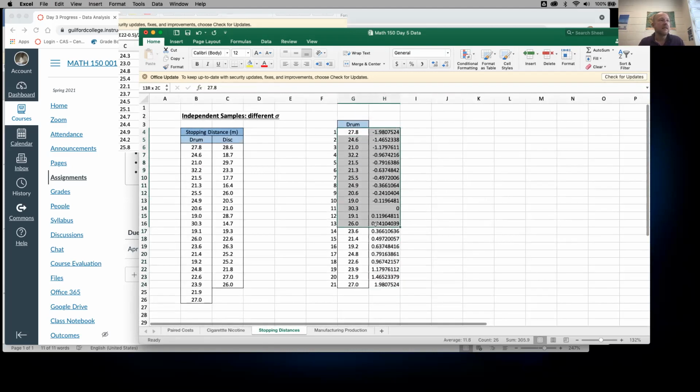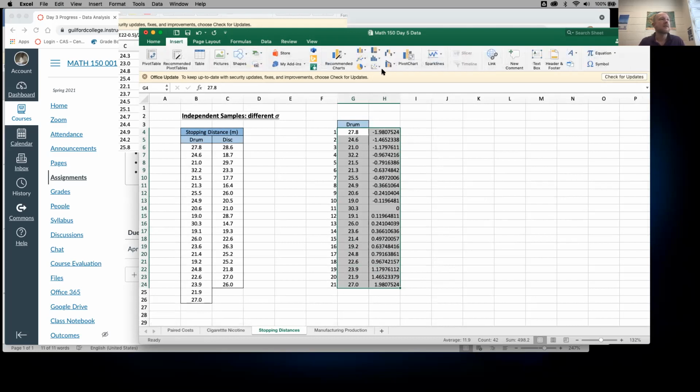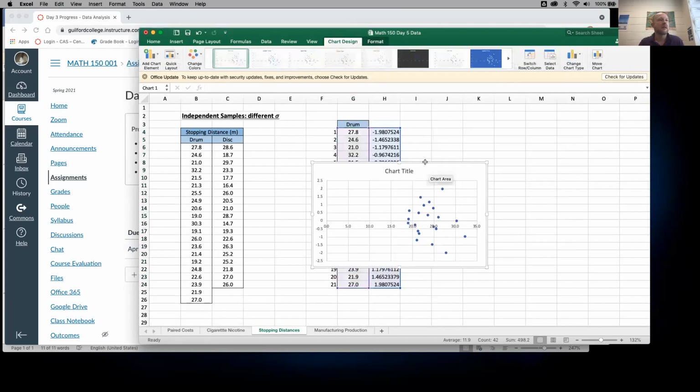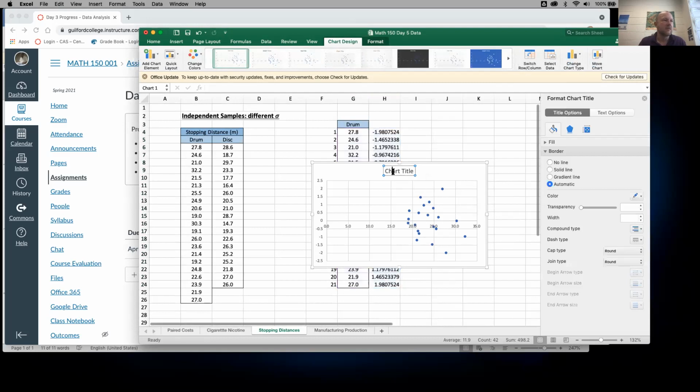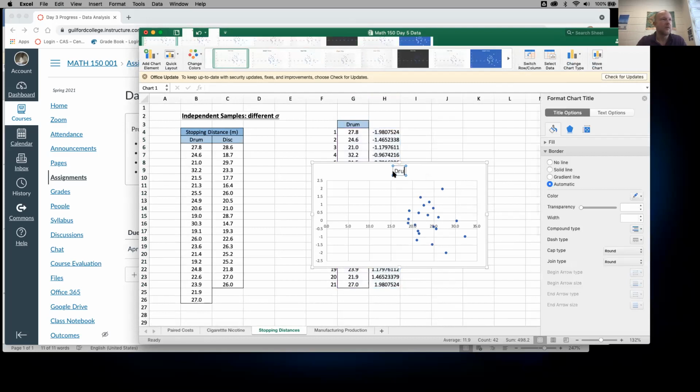And then you can do the insert scatter plot like so. What did I forget to do? The same thing every time. I keep forgetting it, but we know how to fix it pretty easily. So come on. Drum norm plot.